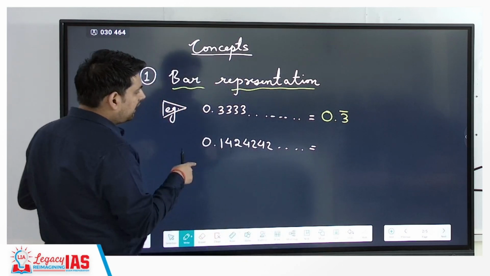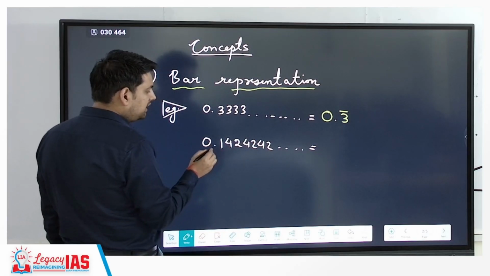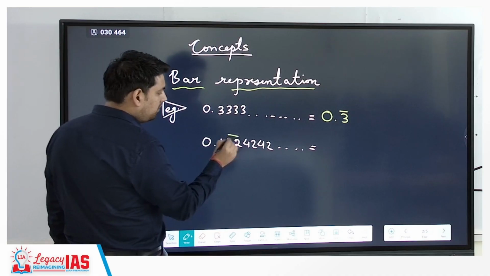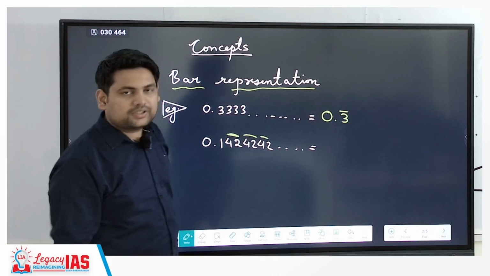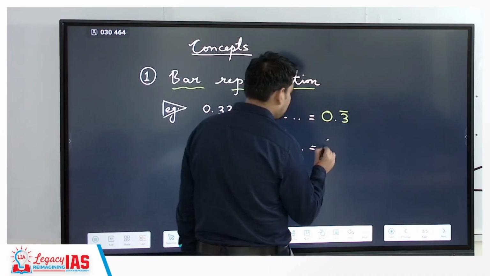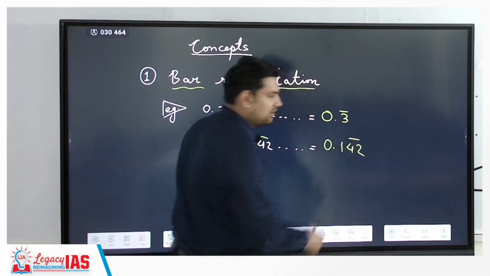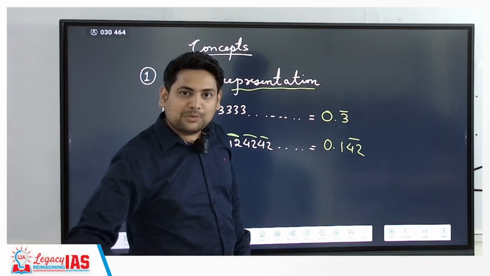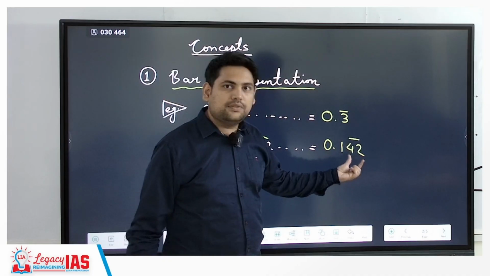Similarly, if I were to write this in bar form, understand here, 1 is not getting repeated, only 42 is getting repeated. So how will we write this in bar form? 0.142 bar, because which is repeating itself is only 42.